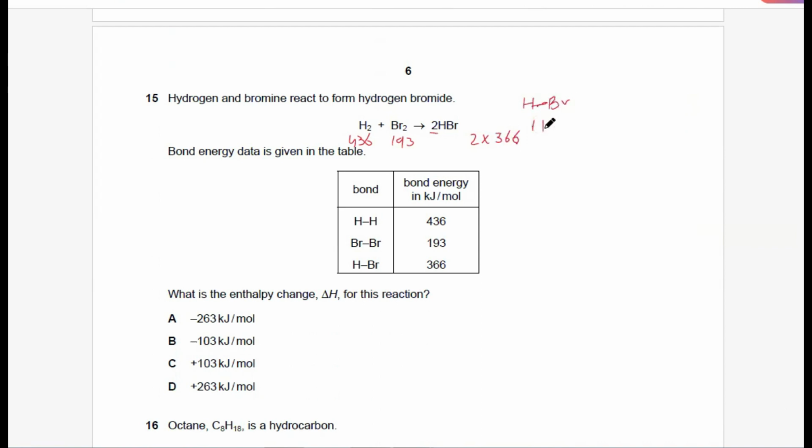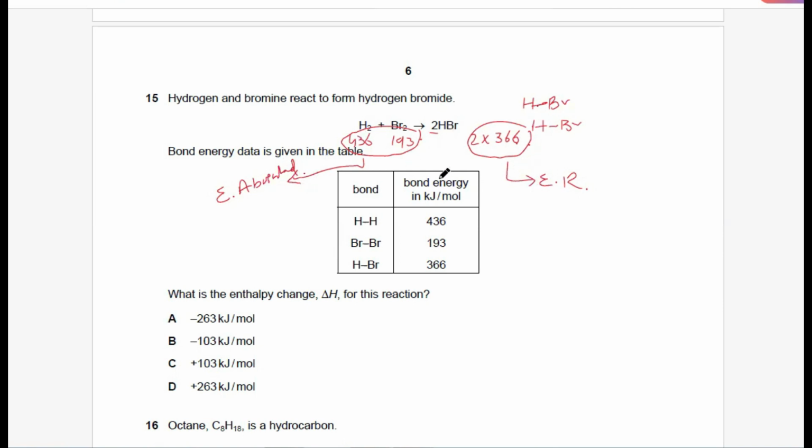HBr, HBr, right? So we need to multiply it by 2. Now just add these two values, multiply these two, and find the difference between them. This one is basically energy absorbed because bonds are broken here, and this one is energy released. When bonds are formed, energy is released.